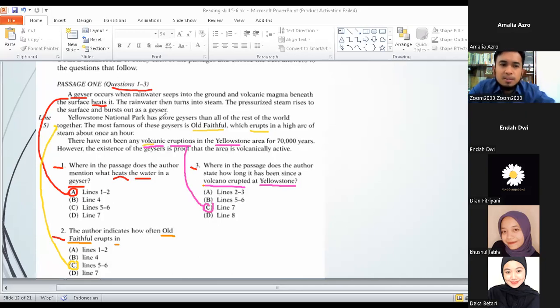Good. So this is how we can find out where in the passage. We don't care about the story, we care just about the answer. Because if we talk about TOEFL, the problem is time.